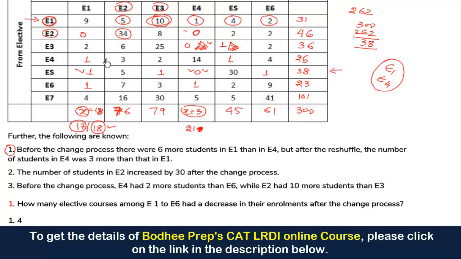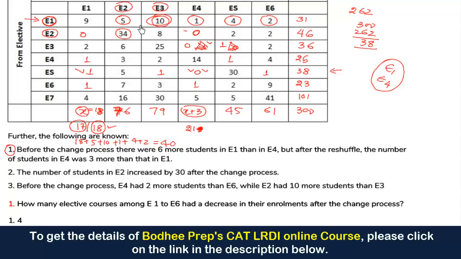So these people have to come back and take the elective E1. So here the total will be 18 plus 5 plus 10 plus 1 plus 4 plus 2, right? Which comes out to, if I do the addition, 18 plus 2 becomes 20, then 15, and this becomes 40 basically, right?